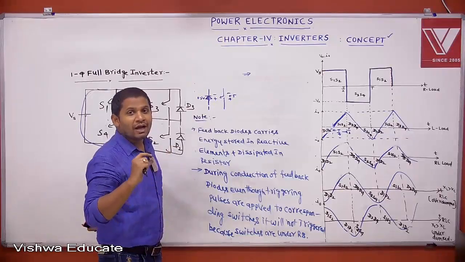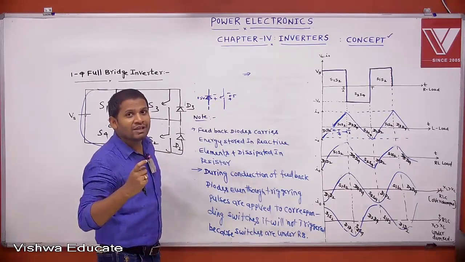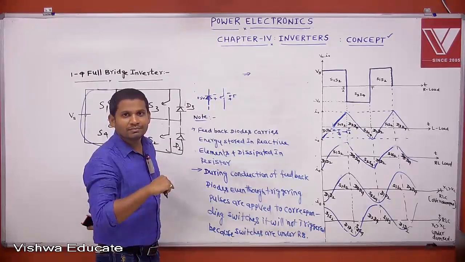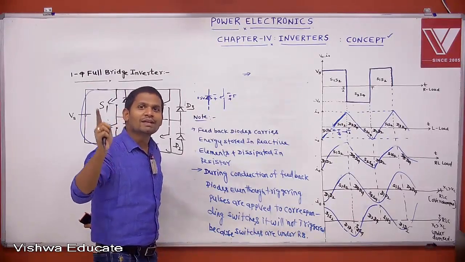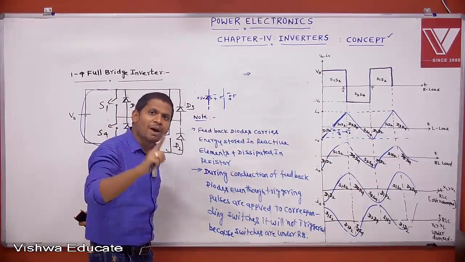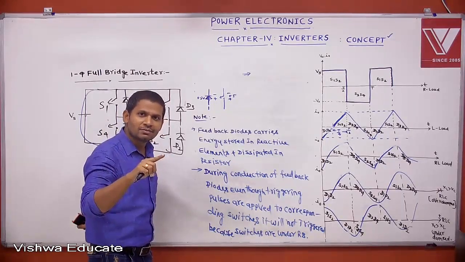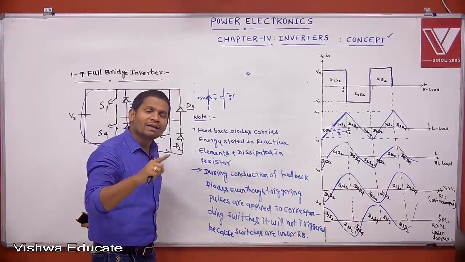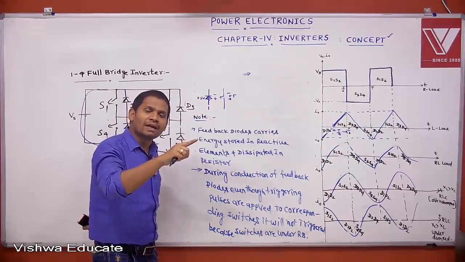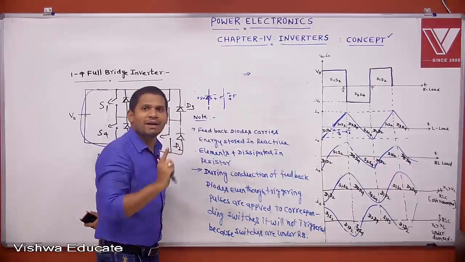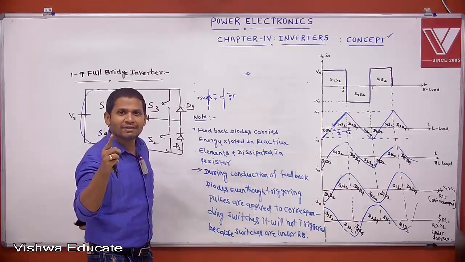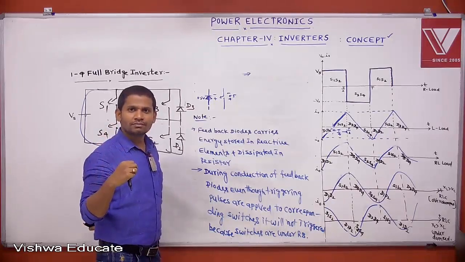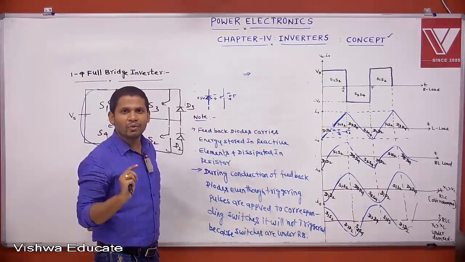That's why the diode conduction time is taken as the circuit turn off time. The definition of circuit turn off time, you know.